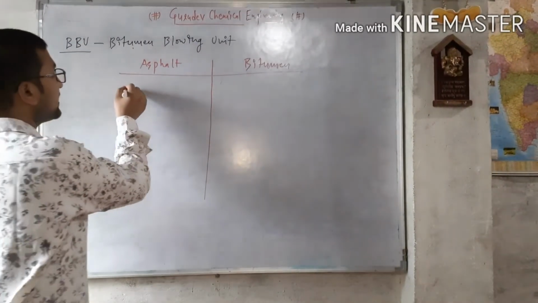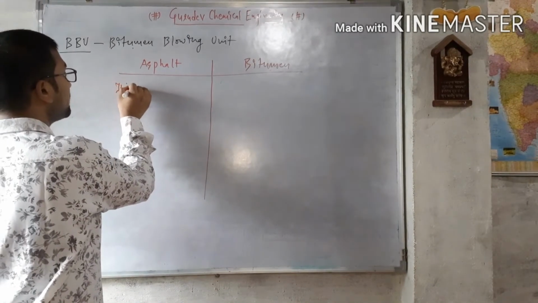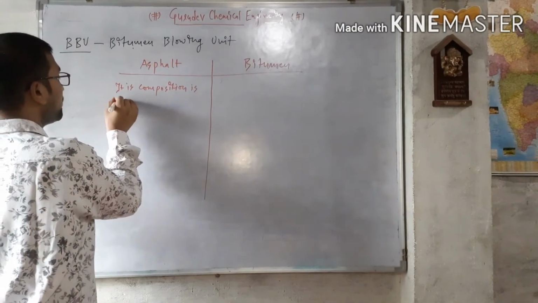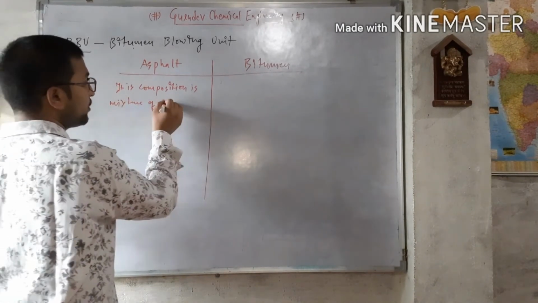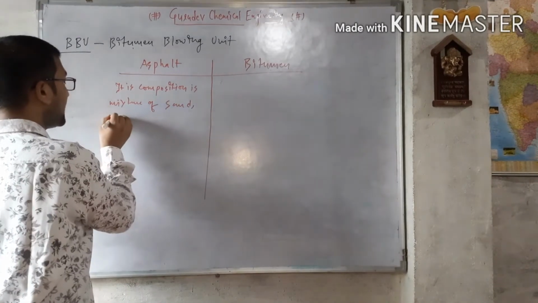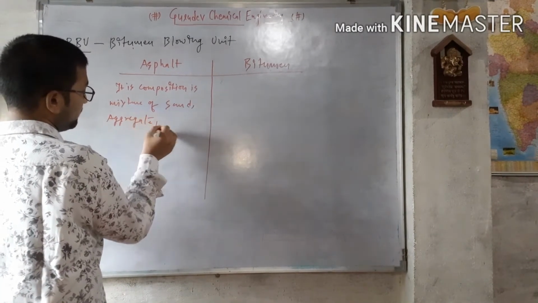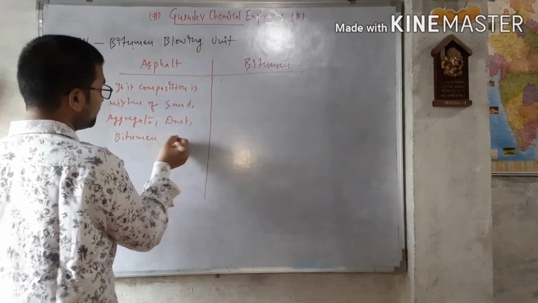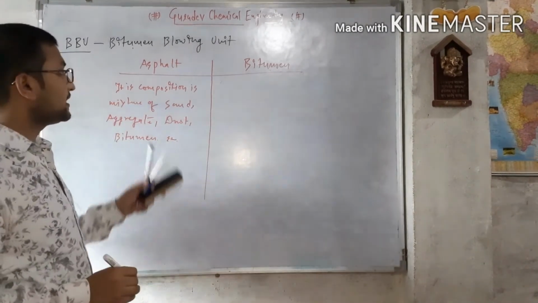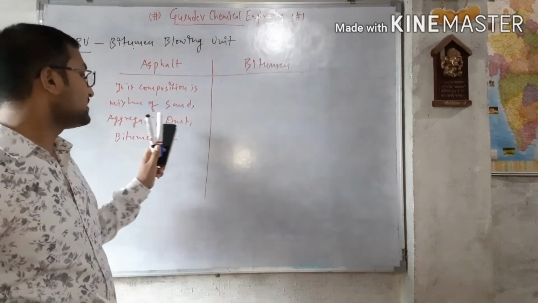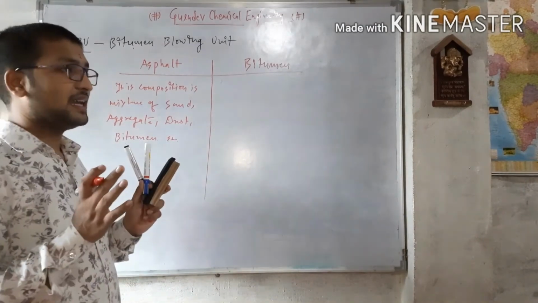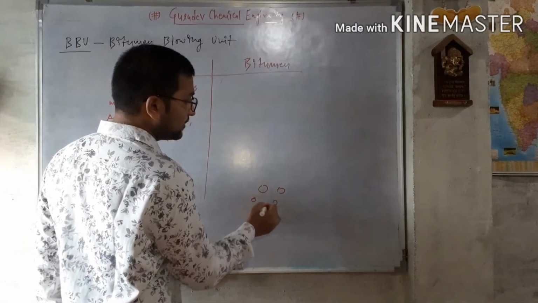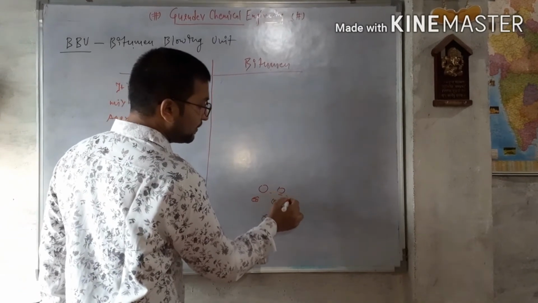Basically, asphalt's composition is a mixture of sand, aggregate, dust, bitumen, etc. The aggregate is bound by the bitumen.